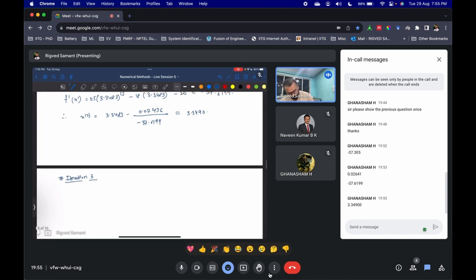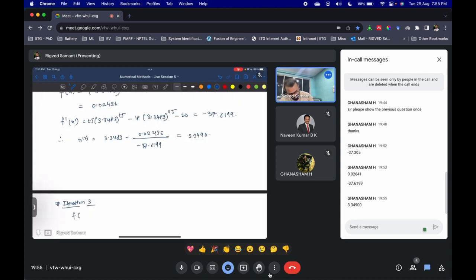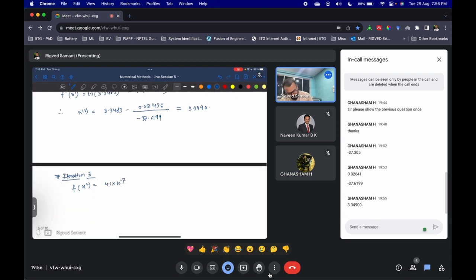Here again the same thing, you'll have to do f of x2, put the value, you will get 4.1 into 10 raised to minus 7. F dash of x2 would be minus 37.619.